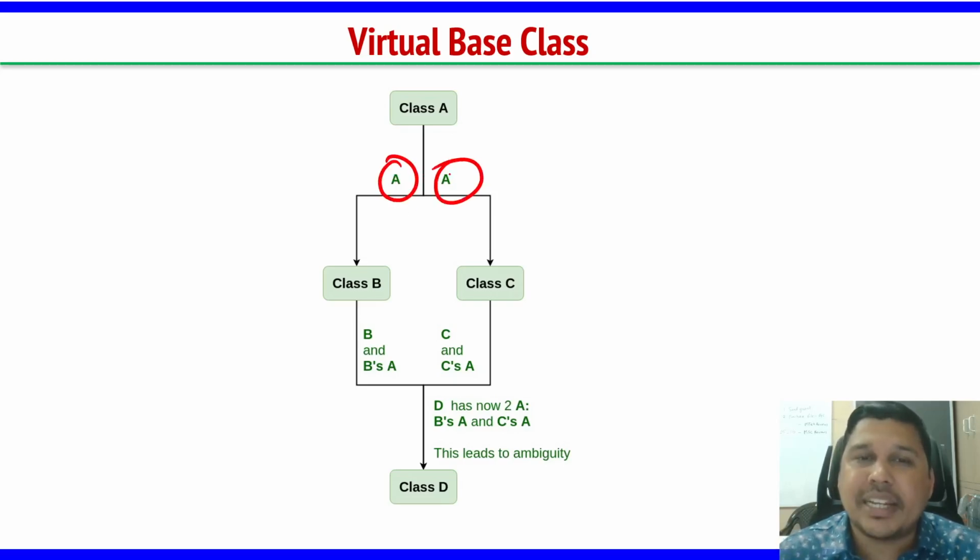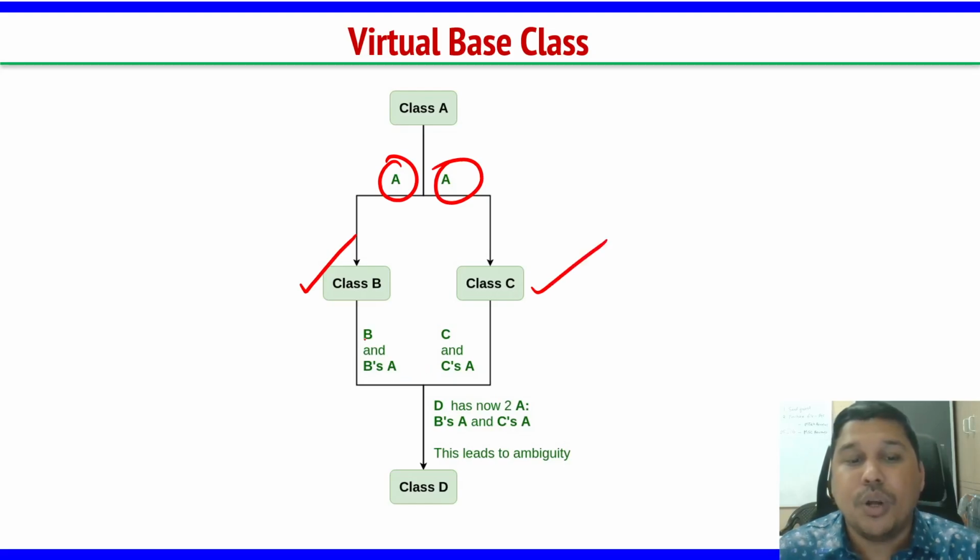This method can be accessed by B and C also. Now class D can access B, and B is A; same way C, and C is A, because they are derived classes. Now D has two A's. It has two methods, one through B and the other through C. Which function should I call?